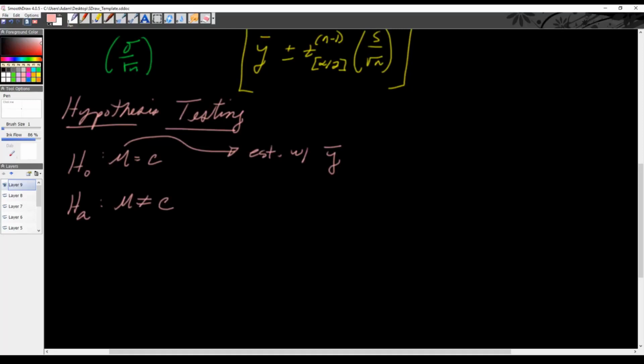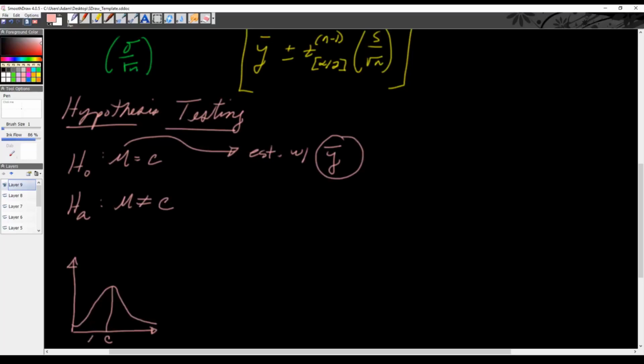So if our sample statistic has a normal distribution, and it does, so here we're talking about the distribution of the mean, we can temporarily assume that the true value is c, that mu is equal to c, and then we can compare.